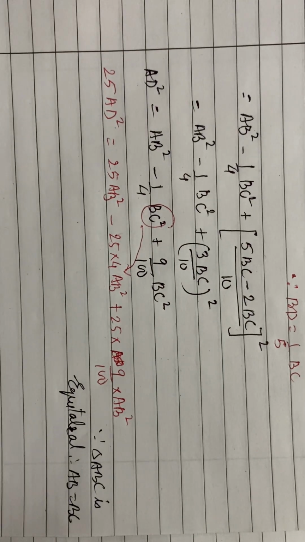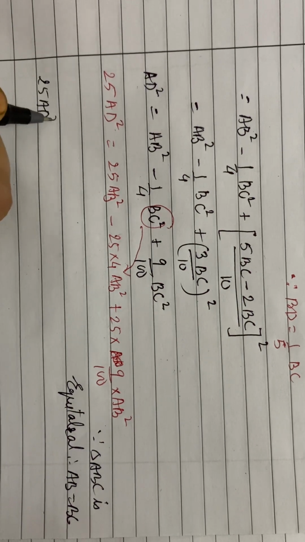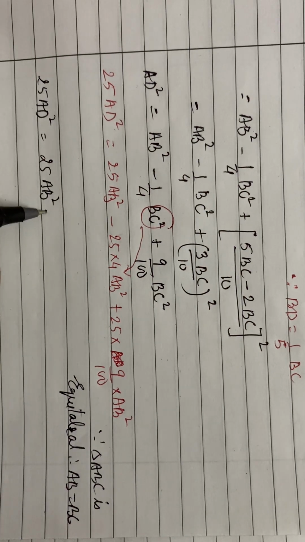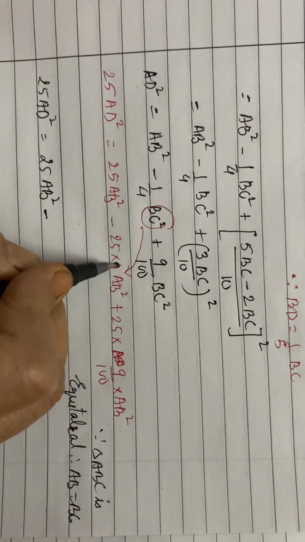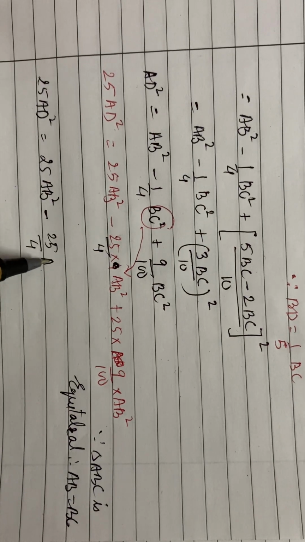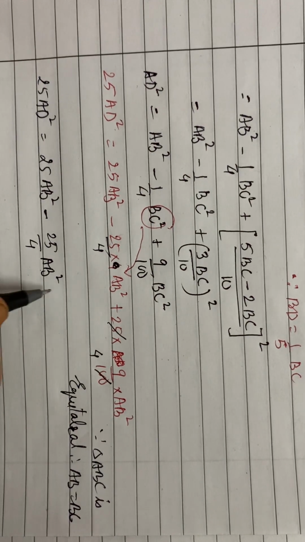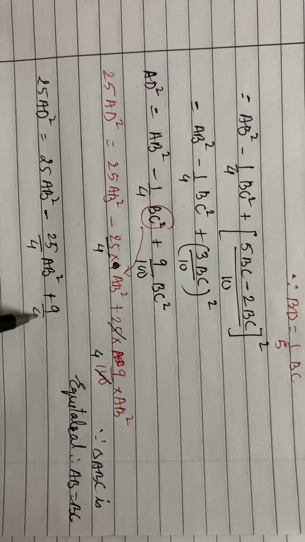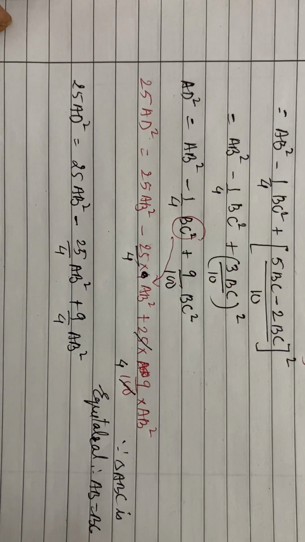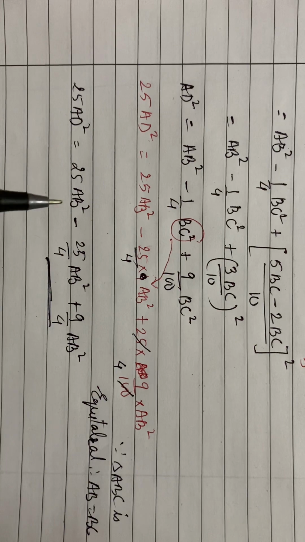Okay? Now, here we have 25 times AD square is 25 times AB square minus 25 upon 4 times AB square, plus 9 upon 4 times AB square. Okay, now the denominators are same. Here we can subtract the numerators.